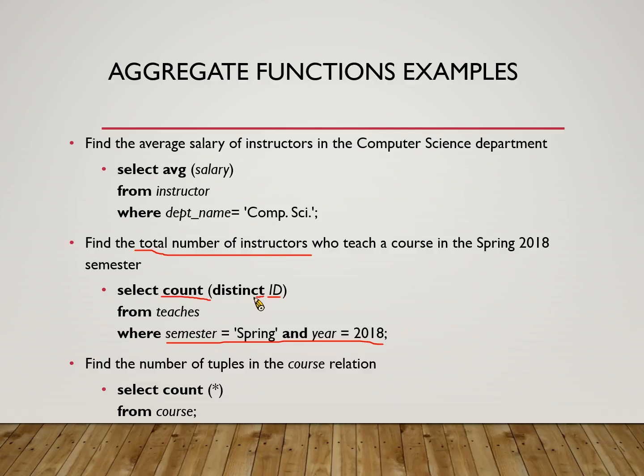And here distinct is used to prevent recounting duplicate instructors. And the next example is find the number of tuples in the course relation. Since we have to count all the tuples, we can ignore the where clause here and directly use the aggregate function count. And the star is the parameter of this function to help us count the number of tuples.